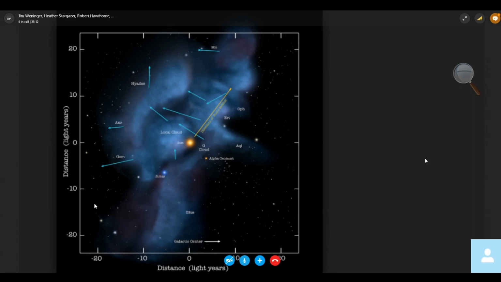But she's also interested in, as you can see, the cloud density. I'm going to use all mainstream terminology, of course. The cloud density is quite different in regions ahead of us, and she's interested in what will happen when our heliosphere hits and ionizes that.